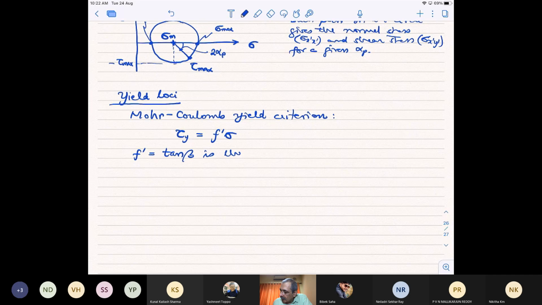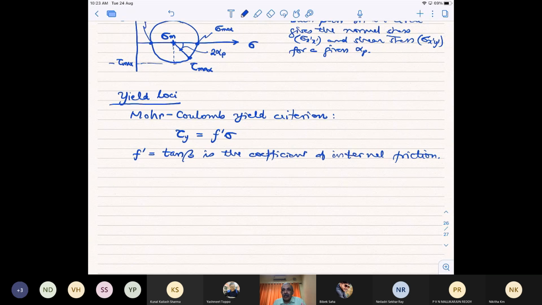is the coefficient of internal friction. So in a sense, we have gone from, let's say, two flat surfaces moving against each other, where the frictional force is just equal to the coefficient of friction, mu, times the normal stress.